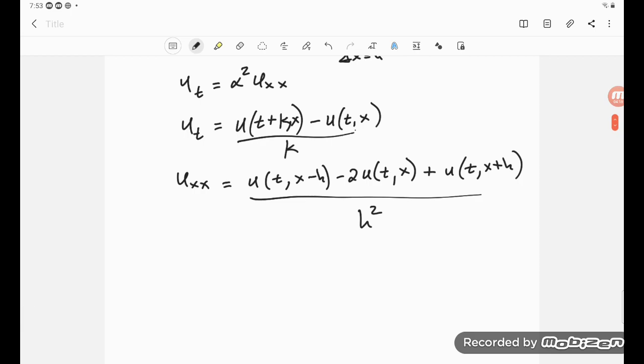Now, what happens if I substitute these two things in here?